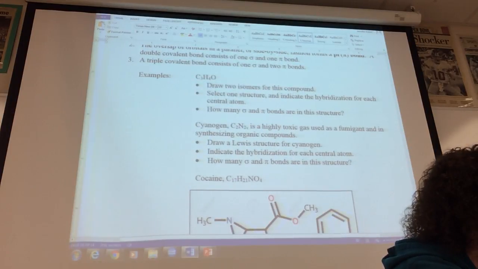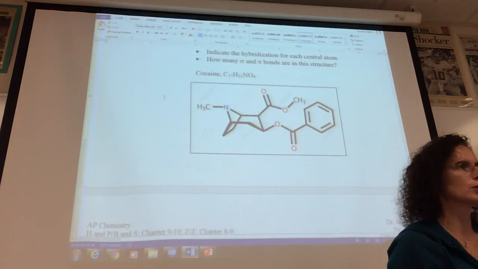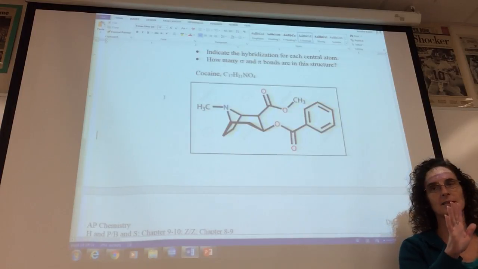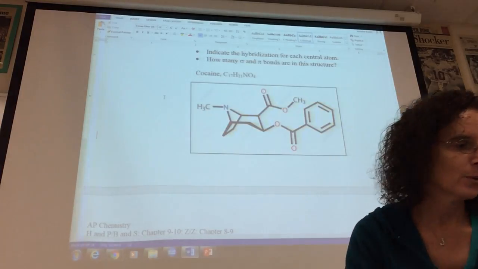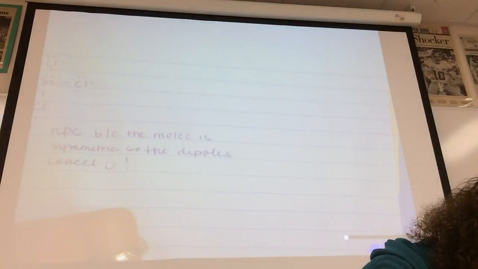I have some examples here. We'll take a look at one of them. I threw this into your notes after the fact because I threw it on your quiz and it looks intimidating, and I want to show you how easy it is. All right, before we do that, let's say, and I'll just make any generic structure here.